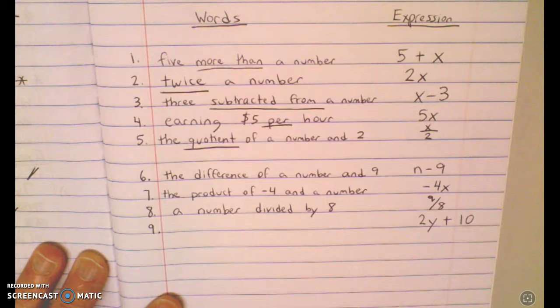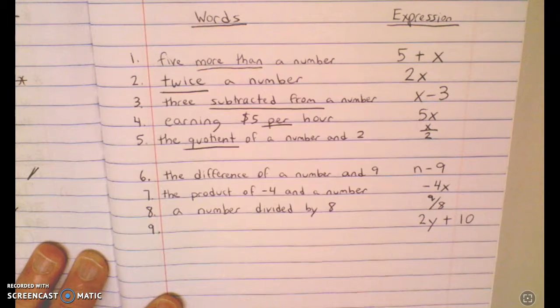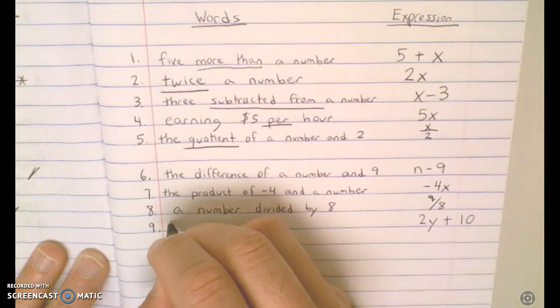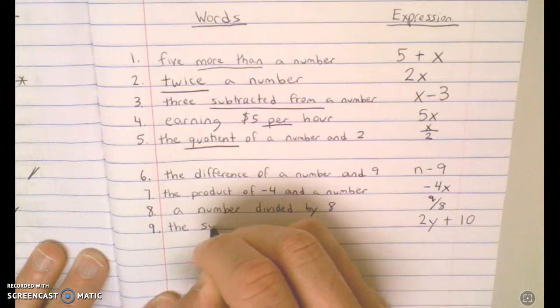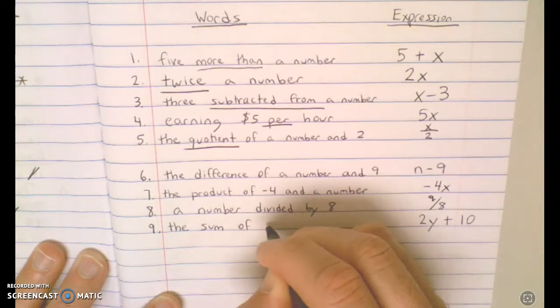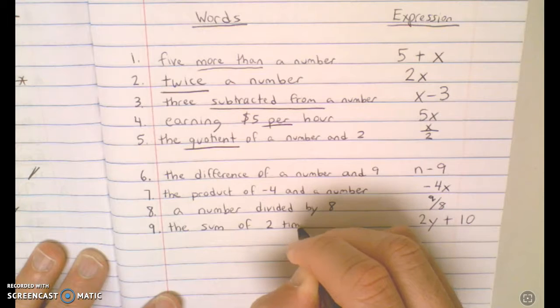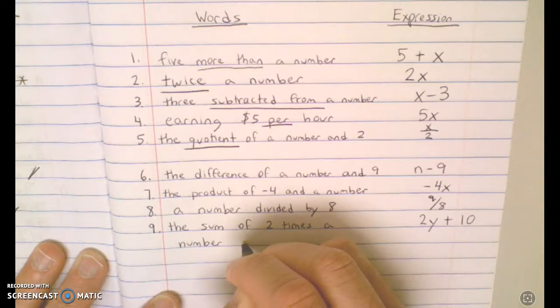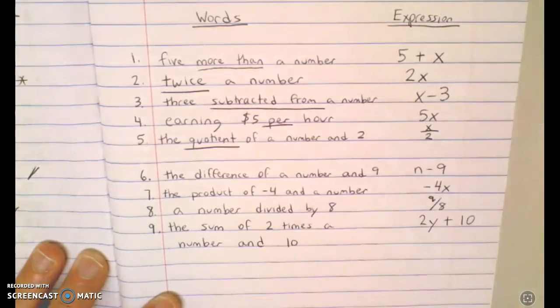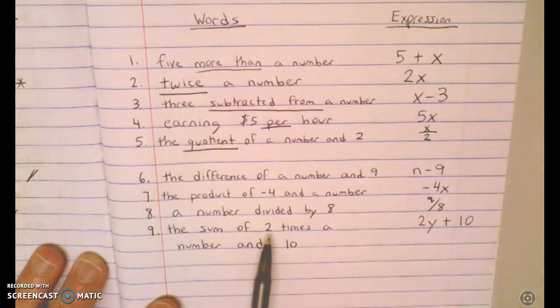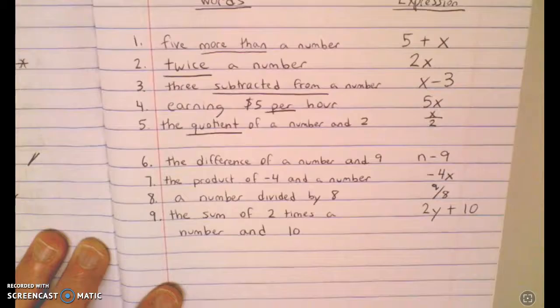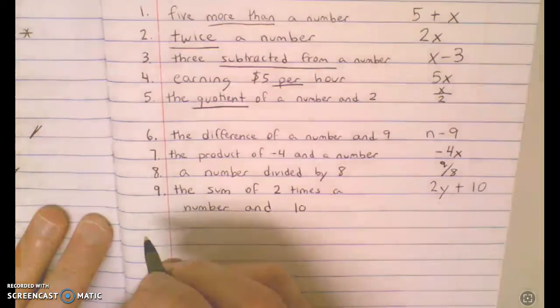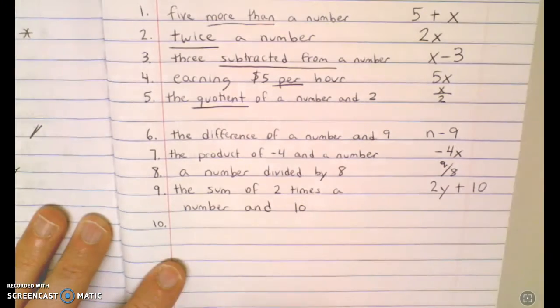So I can say the sum, which deals with the addition, the sum of 2 times a number, I'm going to write this on 2 lines for this one, 2 times a number and 10. So I'm taking the sum of 2 times a number and the number 10. So that's writing it in word form.